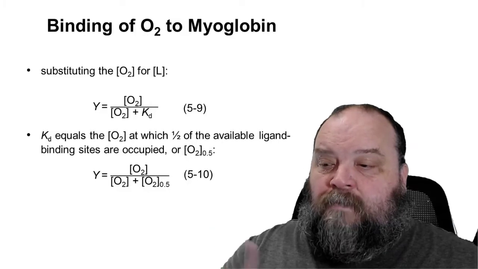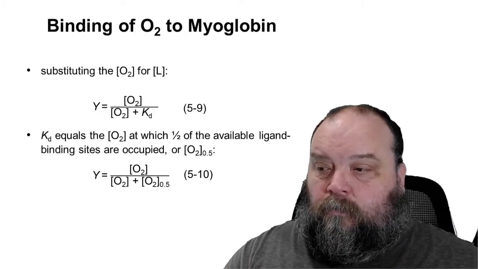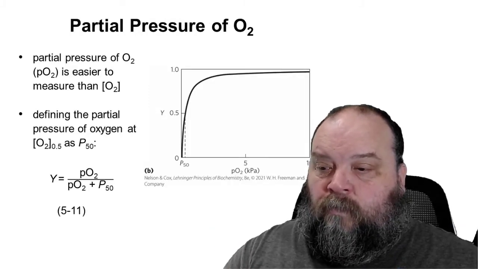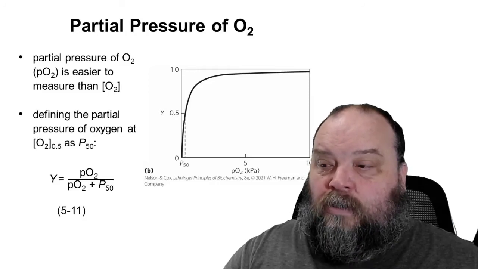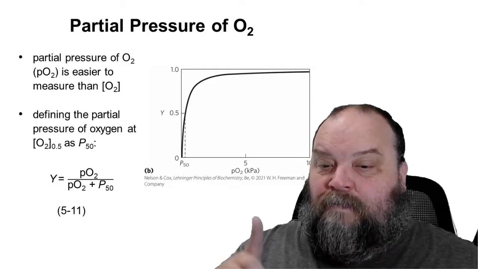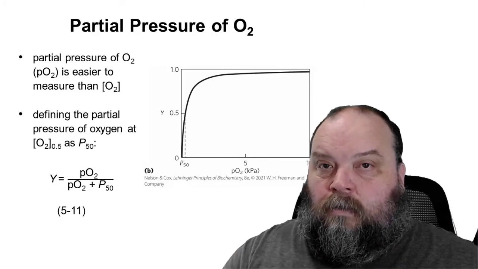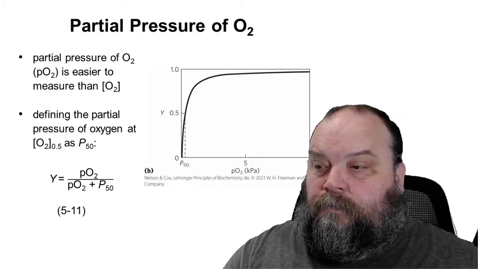Thus the P50 for oxygen, the partial pressure where half of the binding sites are bound.